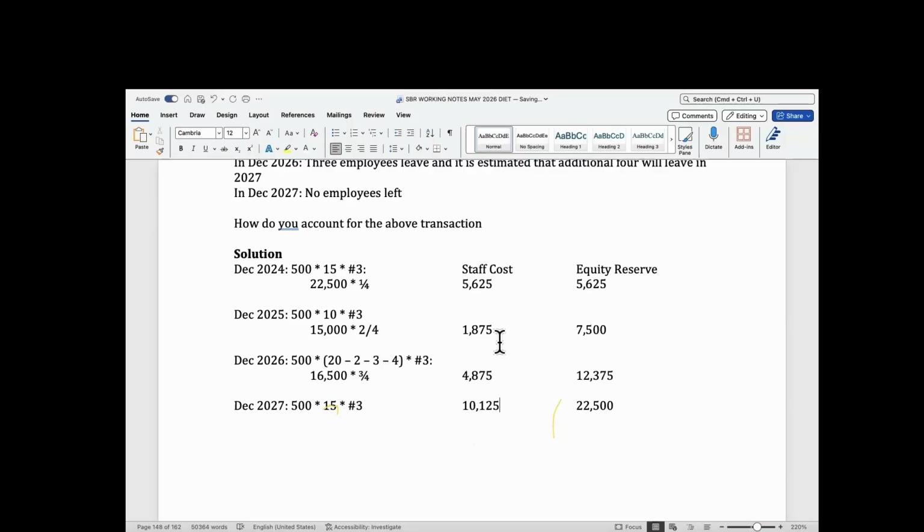In the first year, debiting this, crediting that. The first year was straightforward because we just divided it by 4, representing 1 year alone. In the second year, we did cumulative. This 2/4 means whatever value you get.